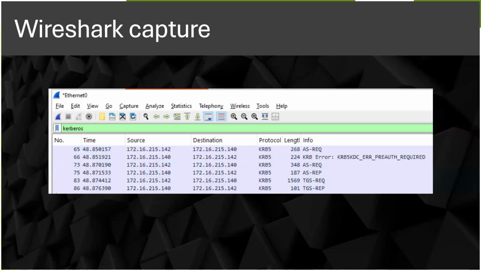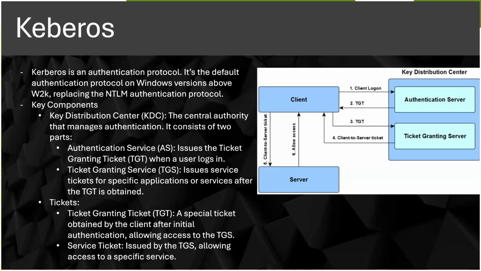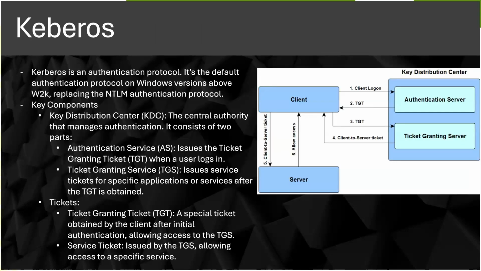The third one is the TGS request, where the client requests the service ticket from the ticket granting server. And the fourth one is the TGS reply. The ticket granting server approves the request and gives back the service ticket to the client.